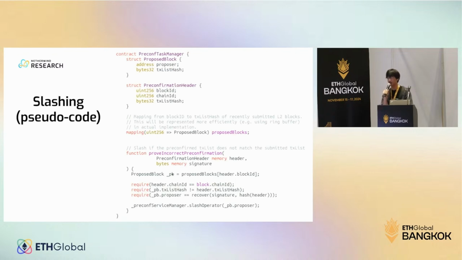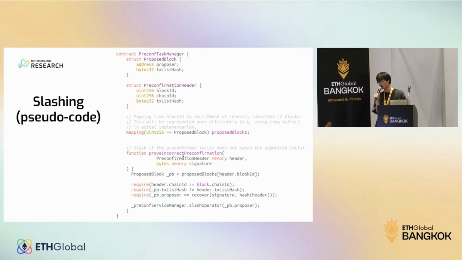Here's some pseudocode for how this could work. The important thing is that in the L1 contract, we keep track of what was actually submitted, with a mapping of the transaction hashes that were proposed to L1.